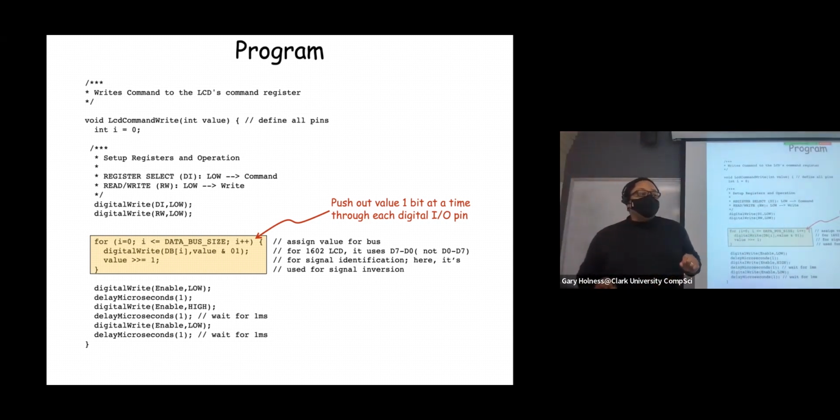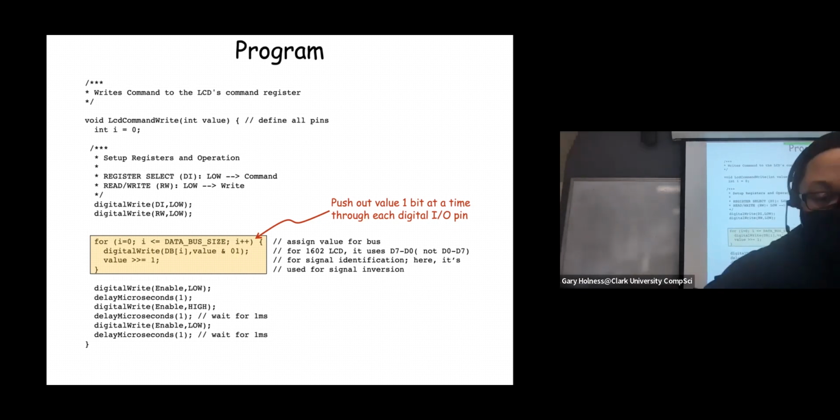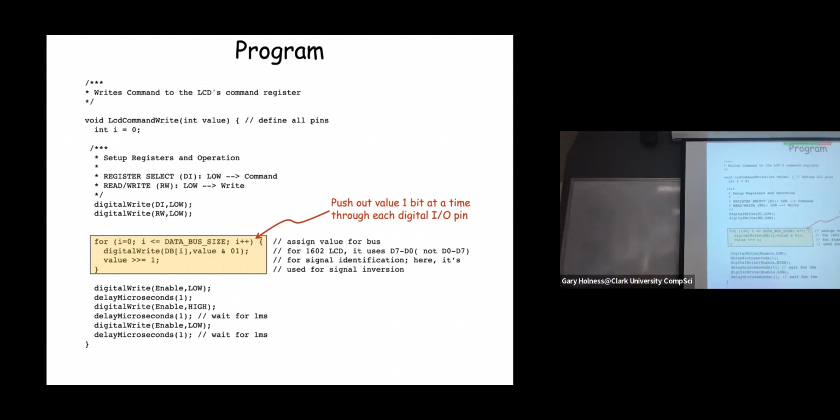So there's two things I'm talking about. When I say DB0 through DB7, that's on the device. I'll draw on the board a little bit. That's the LCD screen. Here, I physically wired DB0, which is pin 3, a digital I/O port on the Arduino, to this on the device.